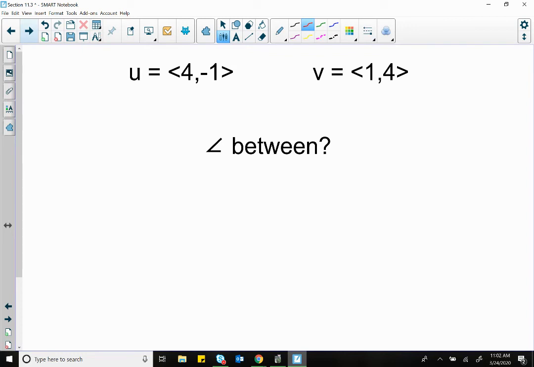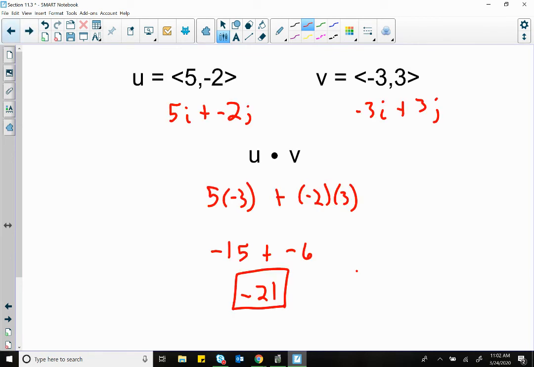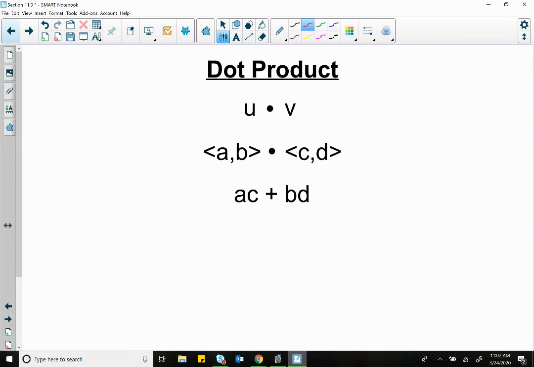They also might ask you to find the angle between them. The angle between them. Okay? Well, that's not too crazy to do. To find the angle between them, if you're looking at the back, it's right down at the bottom. It is a formula, or another way that you can find dot product if you know angle information.